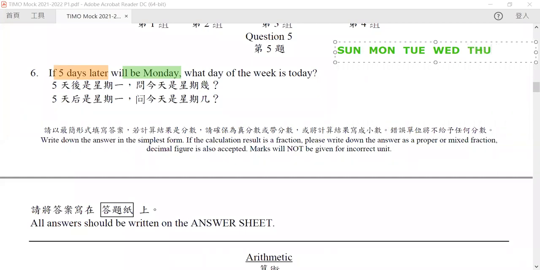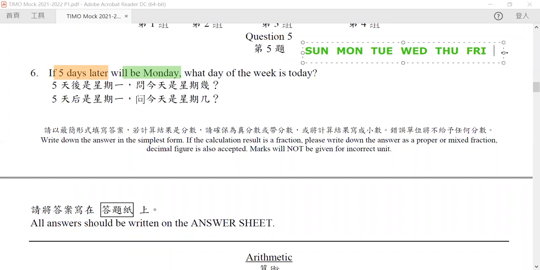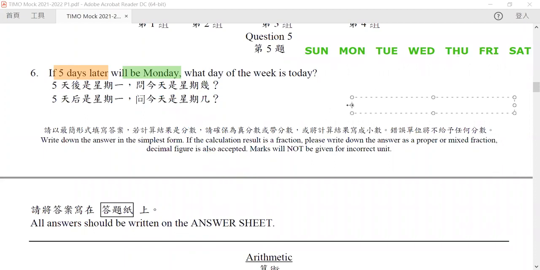So now I will draw out the days of the week for our calendar. You know that the day of the week now is Monday, right? So this is now, okay?